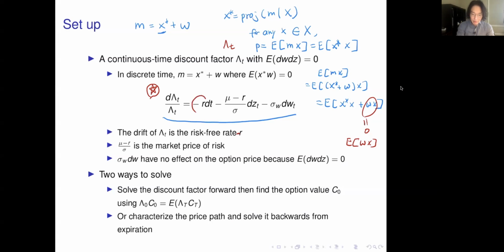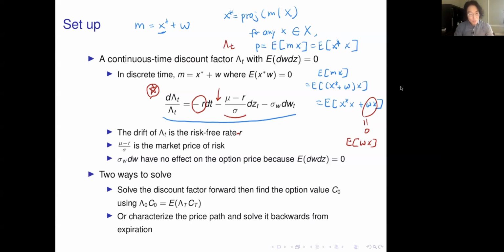The drift is negative of R. And the second thing is this thing here. That is the market price of risk, which is basically the Sharpe ratio. The volatility term in front of the Brownian motion should be the same as the market price of risk. And then another thing to note is that the sign is negative.